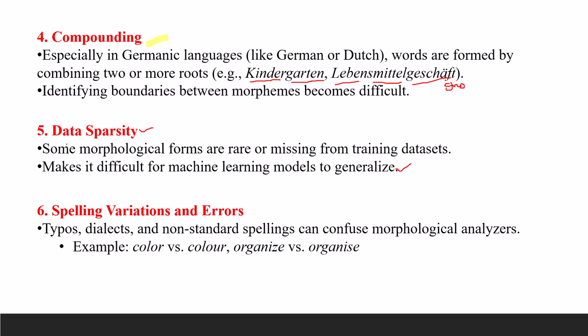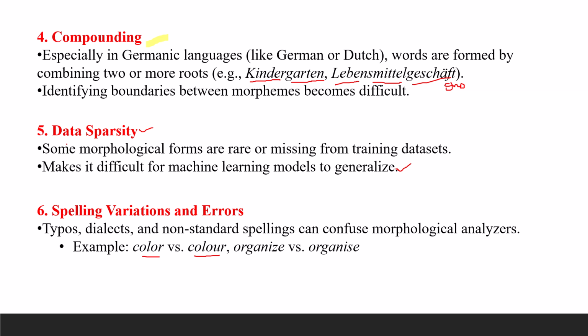Now coming to the next one, spelling variation and errors. Spelling differences, for example, color and colour. These are two Englishes, American English and British English. Both spellings have the same meaning.